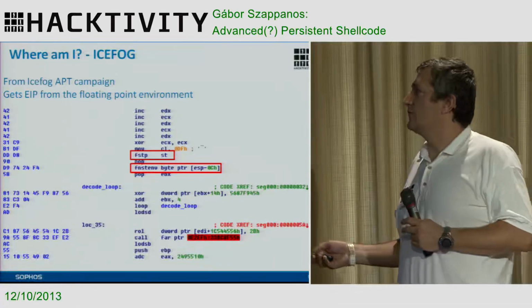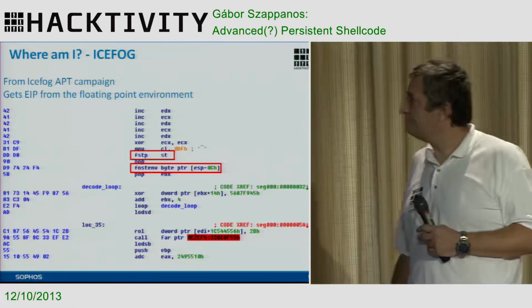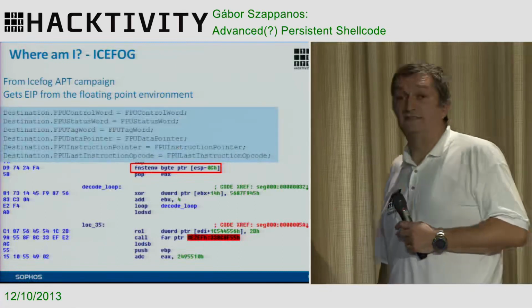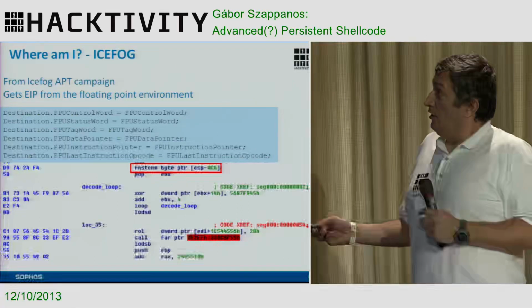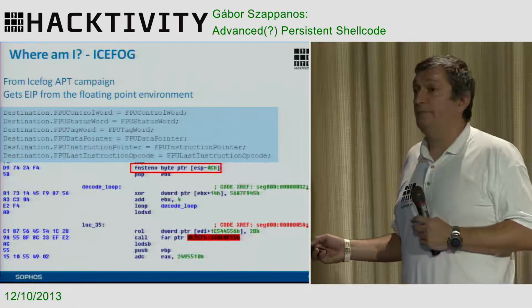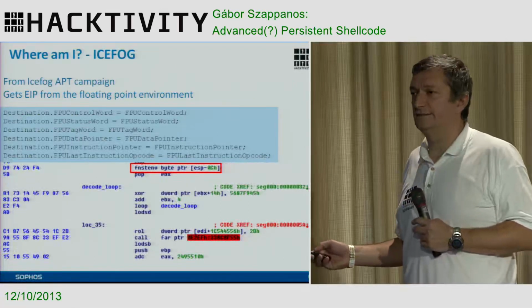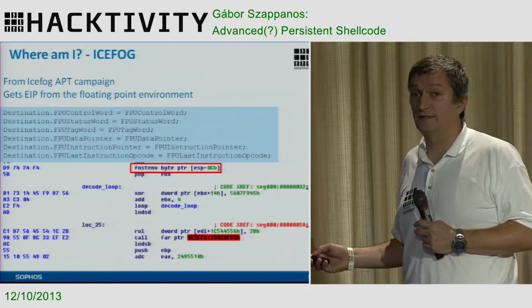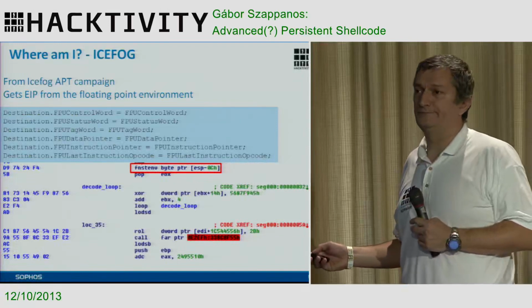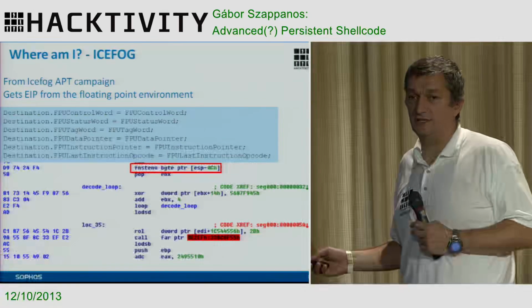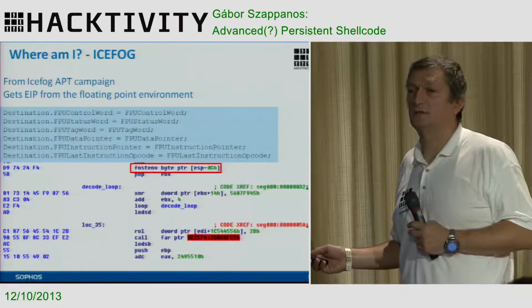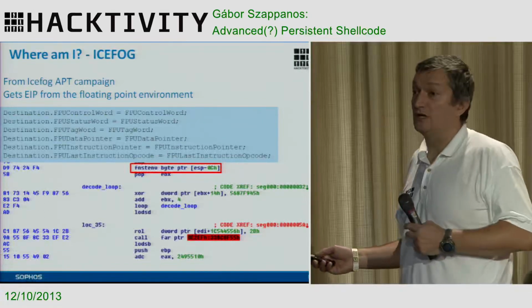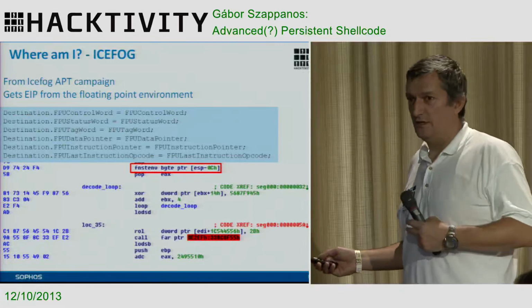This FNSTENV instruction just stores the floating point environment structure on the specified location, which will be somewhere on the stack. So if you're looking at the Intel documentation for this instruction, you will see a detailed and exact description how it works. It fills up the fields of a memory structure. It is detailed, but it's totally useless if you want to understand how this actually works.